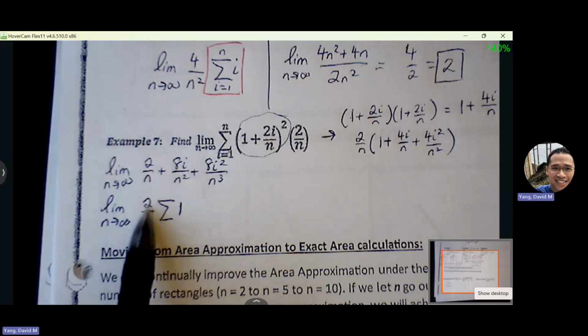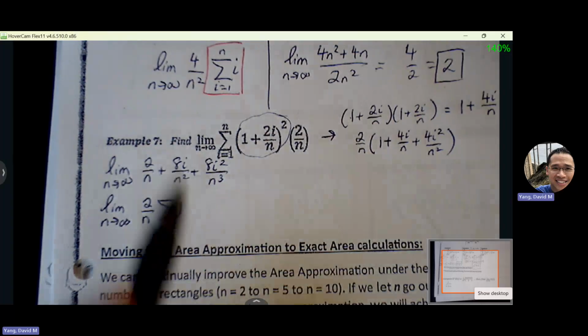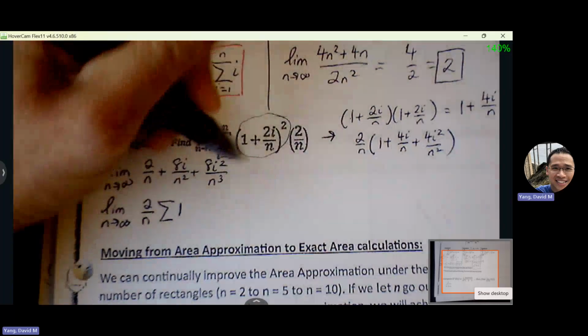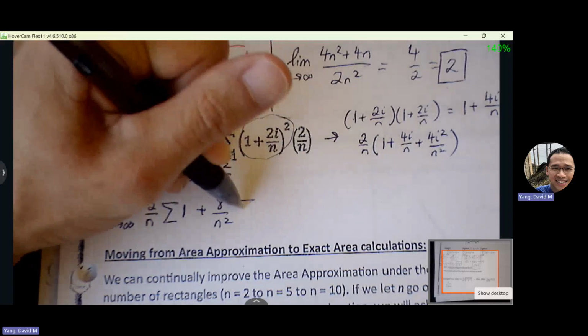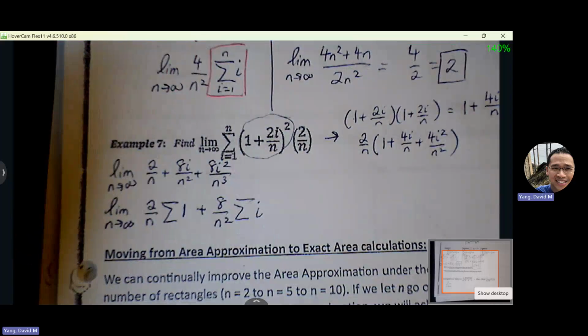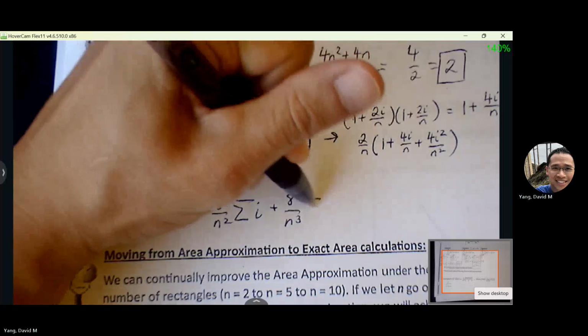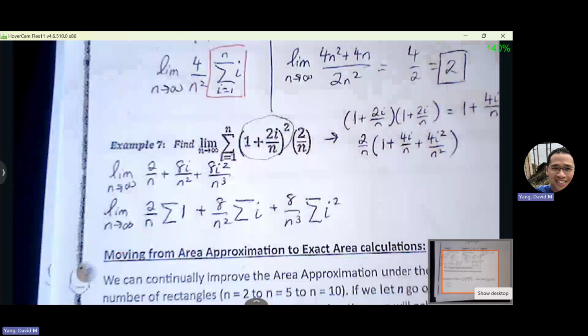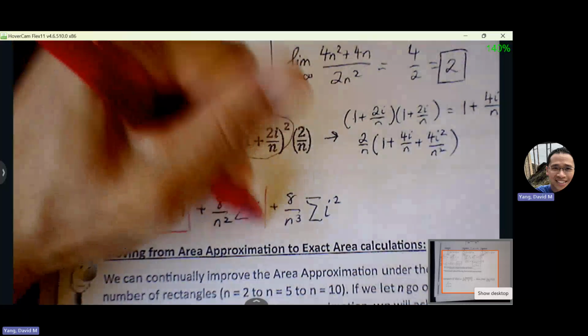So 2 over n is just going to be a summation 1. There's no i involved, but there's going to be a summation 1 if nothing remains. For the 8i over n squared, I can pull the 8 and n squared out and make it summation i. There's a rule for that. And I can pull the 8 over n cubed out and do a summation i squared. So I'm just going to box off the parts that we need to replace with our rule.